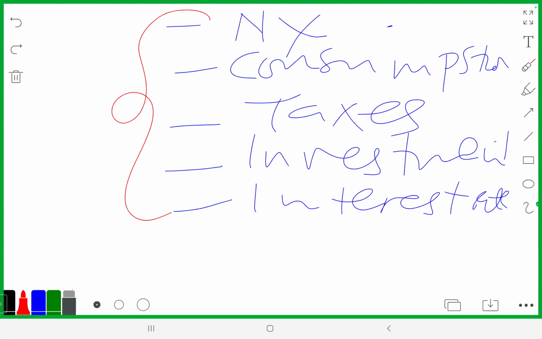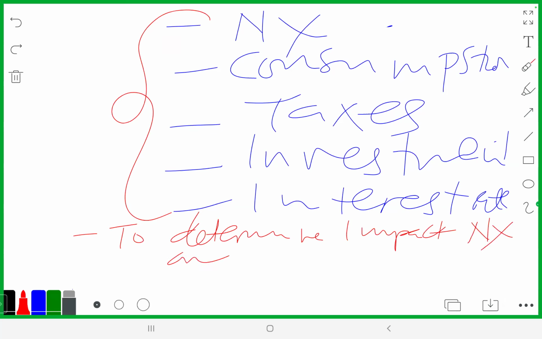So what you can do now is say, first, the specific objective is to determine what? The impact of what? Net exports on GDP. That is at the end of the research. We want to determine the impact. That's one. You can say again, to determine the impact of consumption levels on GDP.